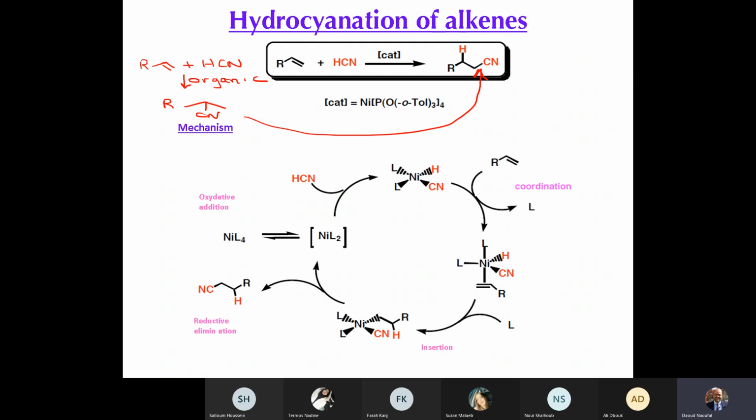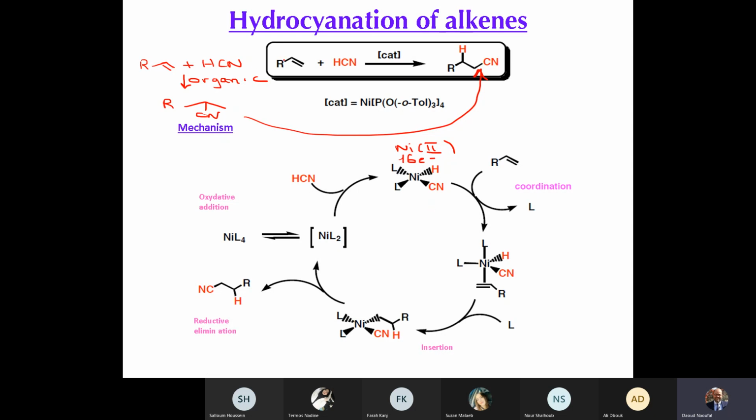For this reason, we obtain the second product. The catalyst used is a nickel catalyst. This is nickel 2. The nickel is D10, so this is D8, 2, 4, 6, 8. This is 16 electrons.